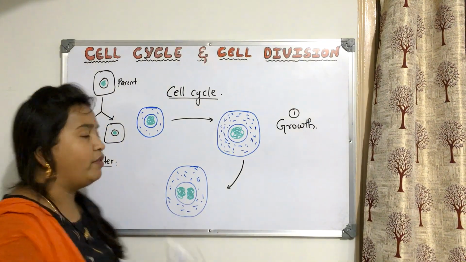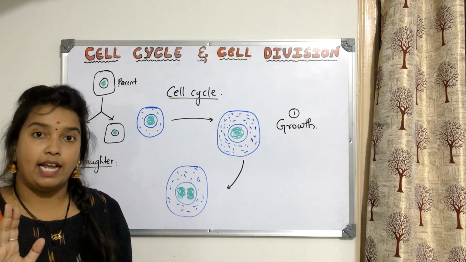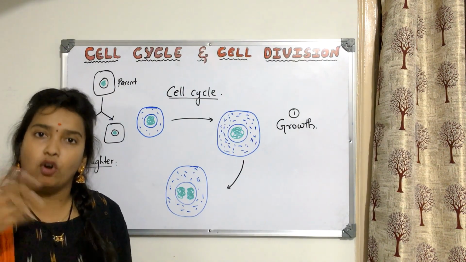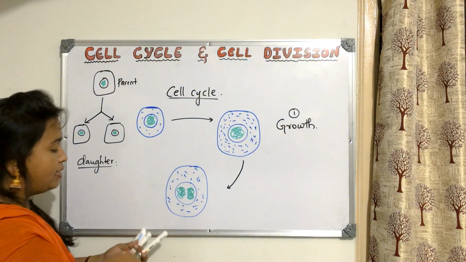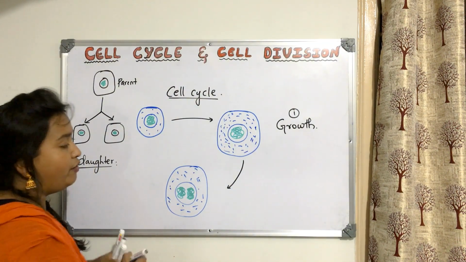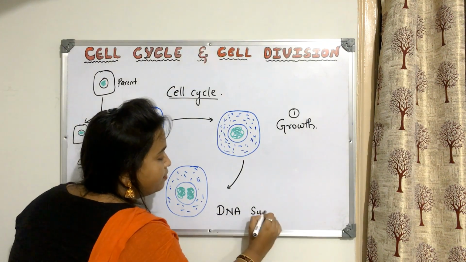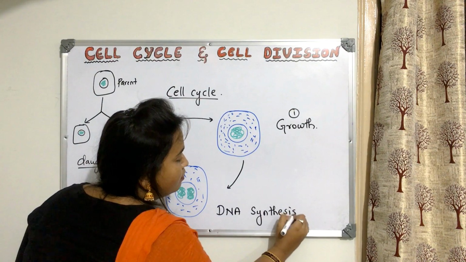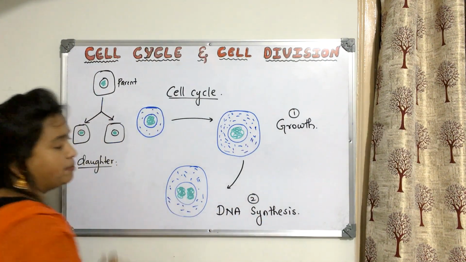This process we call DNA replication. It has made another copy of the DNA content. So this step is called replication, or we call it DNA synthesis. First what happened? Growth. The second step is DNA synthesis.